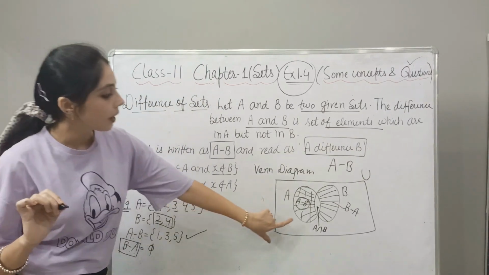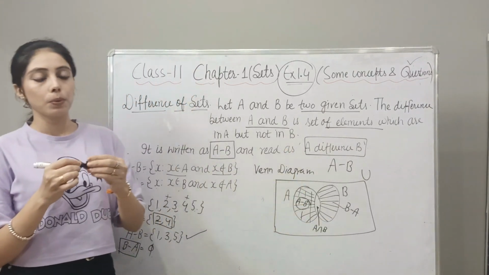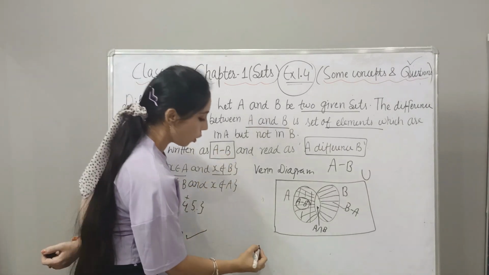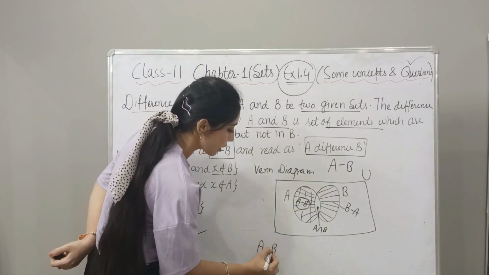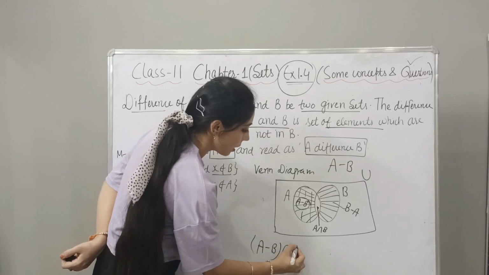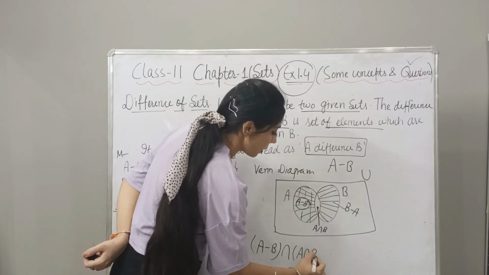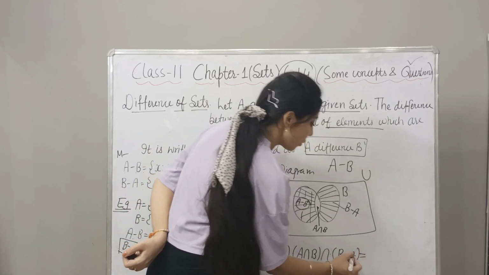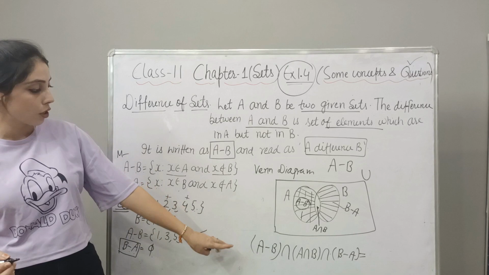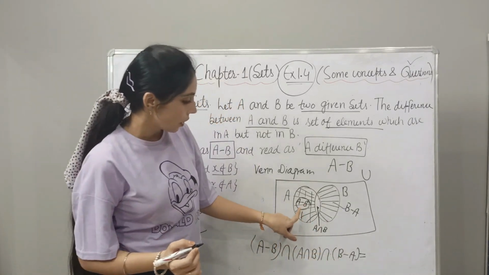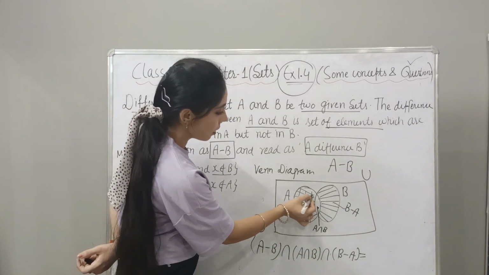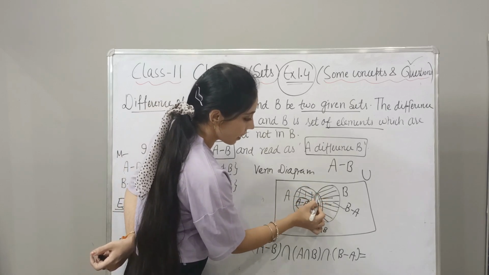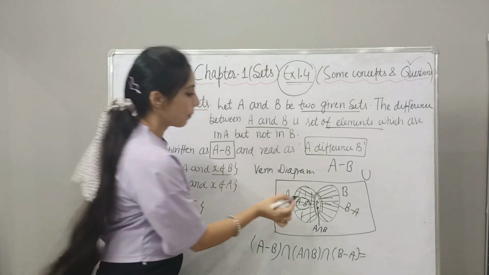Here you can also use the definition of disjoint sets. You can easily observe that if we take the intersection of A difference B, A intersection B, and B difference A, that is, the intersection of all three sets, this is some different set, this is some different set, and this is another set.